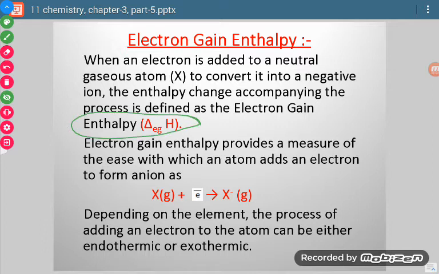Since it can gain or lose energy, the reaction may be exothermic or endothermic. Okay. Now what will be the definition? We will say that it is the heat change during the addition of an electron to an atom in its isolated gaseous state. Okay.